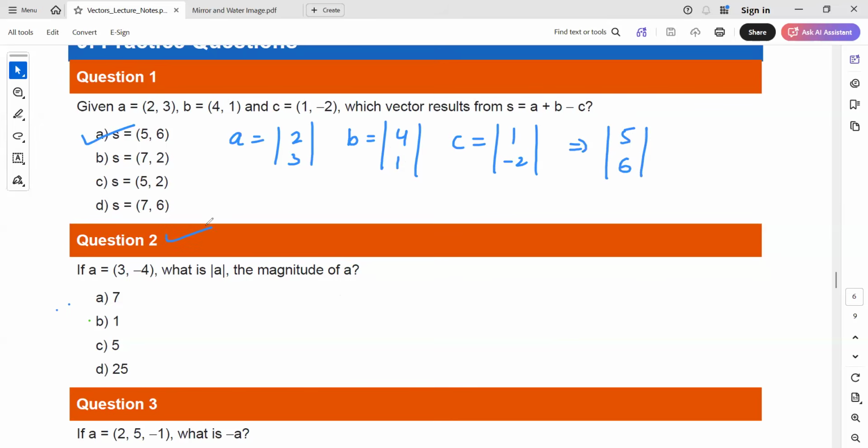Now question number 2 is a very simple question. We have to find the magnitude of under root A. Everyone is getting the answer C. Now come to question number 3.